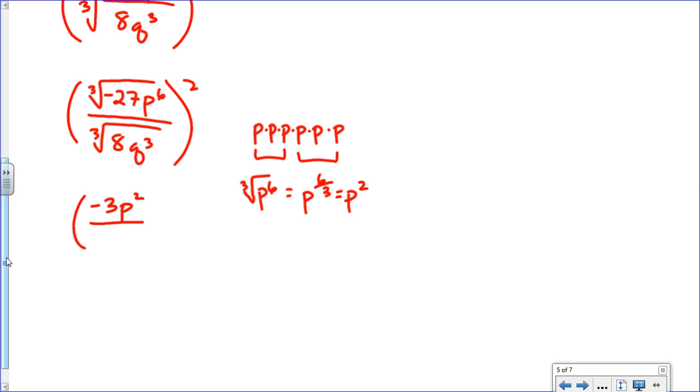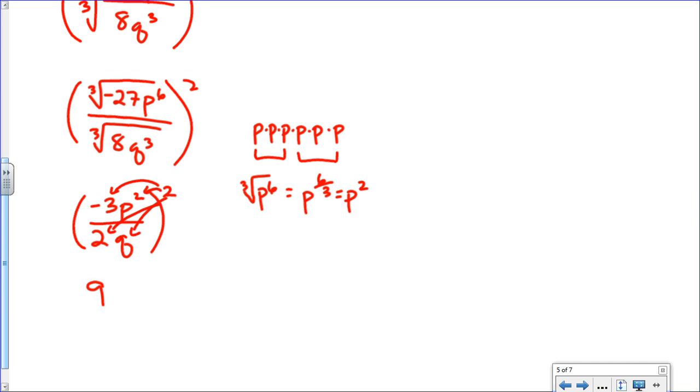Okay, what's the cube root of 8? 2. What's the cube root of q cubed? q. And squared. Okay. Now I have to distribute my exponent. The negative 3 is inside the parentheses. The negative 3 is being squared. So when you square negative 3, we get positive 9.